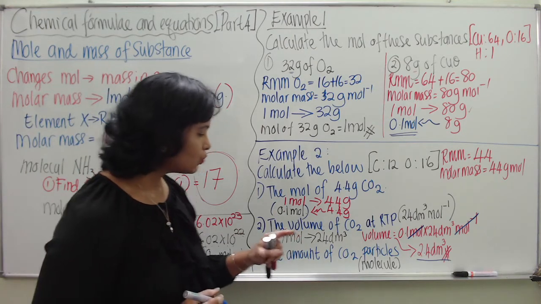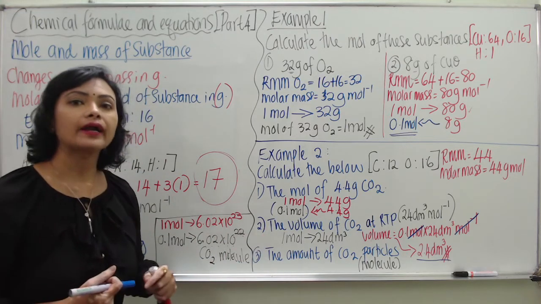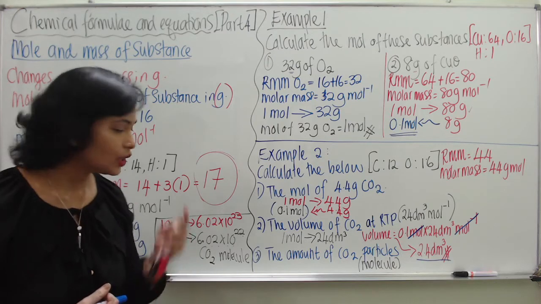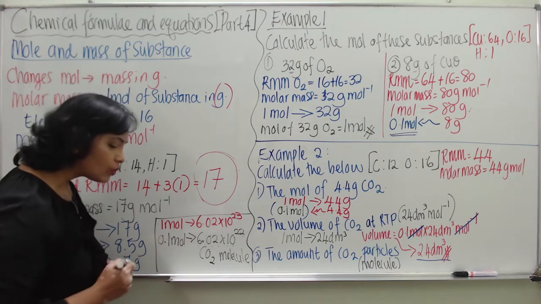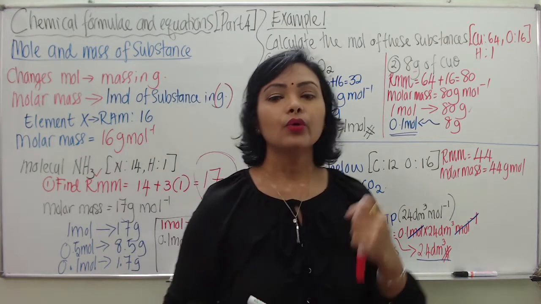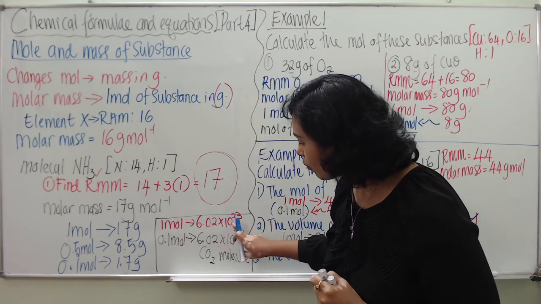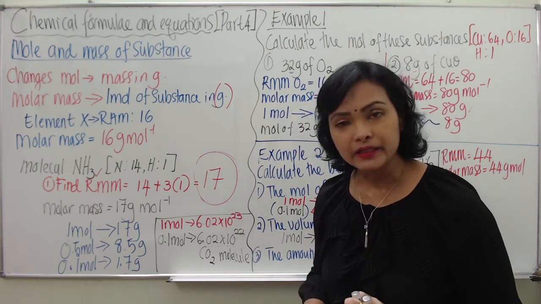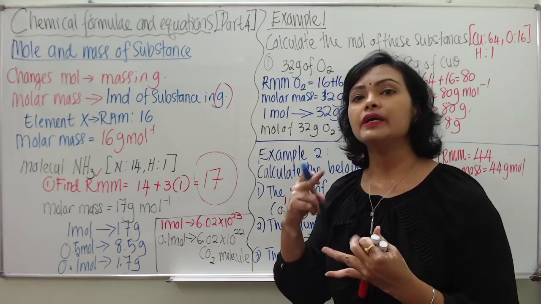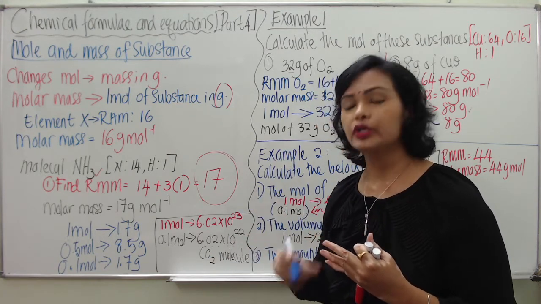Now let's move on to how to calculate the particles. Thanks to the information regarding the mole, students can calculate the amount of particles. What does the Avogadro constant say? In order to get 1 mole, we must have 6.02 times 10 to the power of 23 particles, might be atom, molecule or ions.